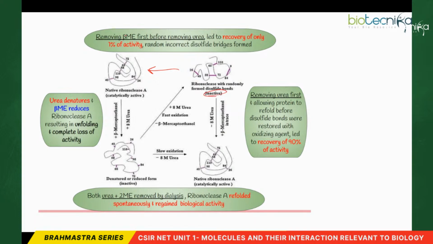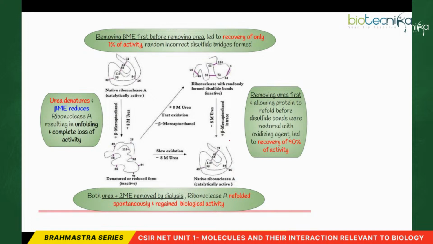Okay, so if you remove BME first before urea, it will lead to only 1% recovery because random incorrect disulfide bridges will form. Okay, then if you remove the urea first, and then allow the beta mercaptoethanol to be present in trace amount, then what happens is that upon removing urea, it would obviously become stable, but even if it becomes stable, there is a chance that incorrect disulfide bonds would have been formed between them.